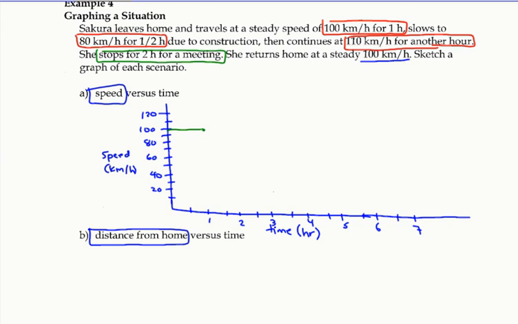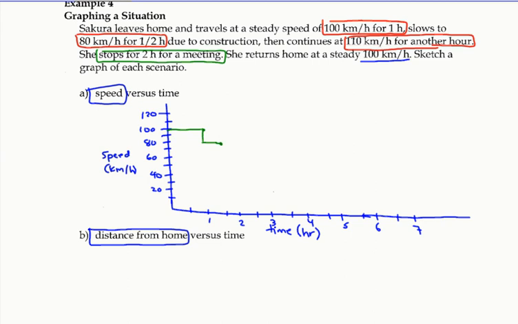She drives 80 kilometers per hour for how long? Half an hour. So she slowed down, she drops to 80, and then for 30 minutes she drives at 80 kilometers per hour, half an hour. So 1.5. And then she increases her speed to what? 110.